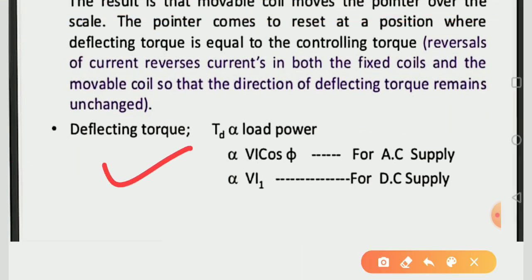The deflecting torque is proportional to the power supplied to the load. For the AC supply the power is V into I into cos phi, and for the DC supply the power is V into I1.